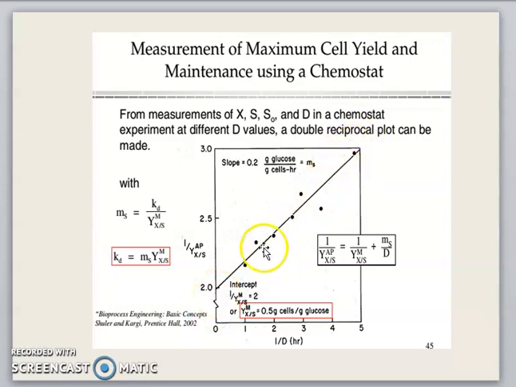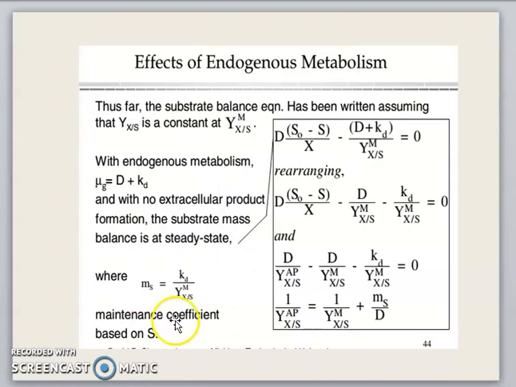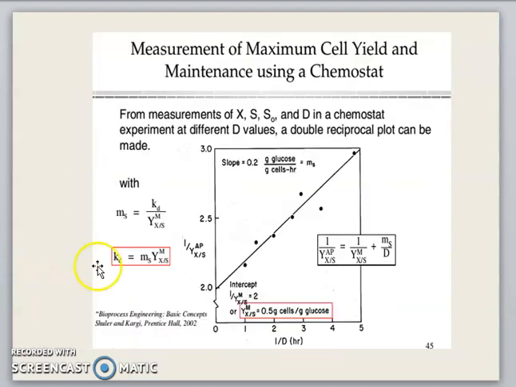The slope of the graph can be used to calculate the maintenance coefficient for the substrate. Later, from the previous equation, ms equals Kd over Y m xs, you will have the value of Kd based on the slope of ms here.